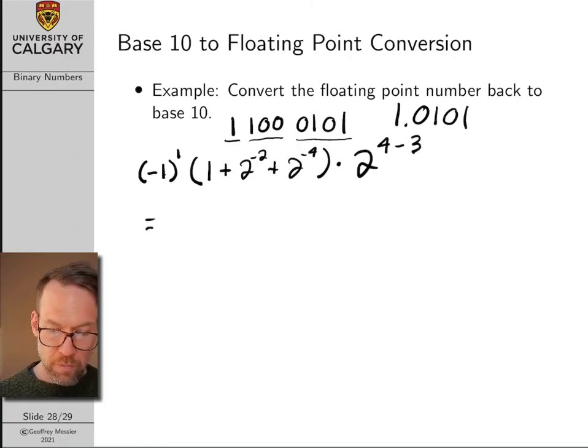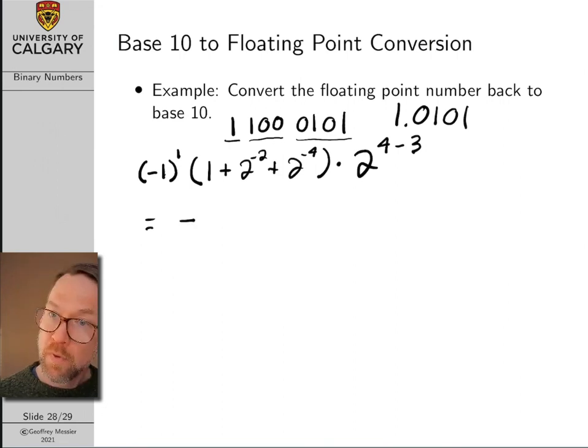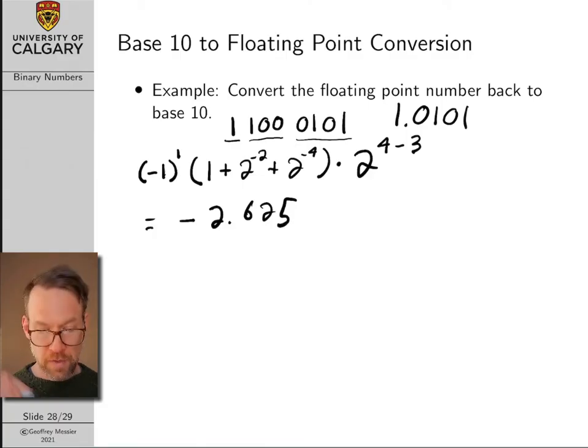And if we do this calculation, we get minus 2.625. And so we don't exactly match the number that we started out with, but we get close. And the difference in error is due to the limited precision of our floating point number.